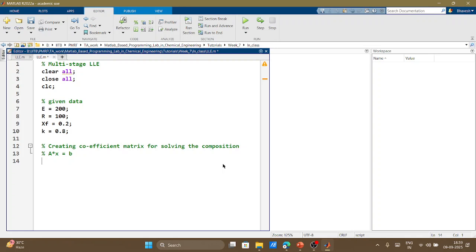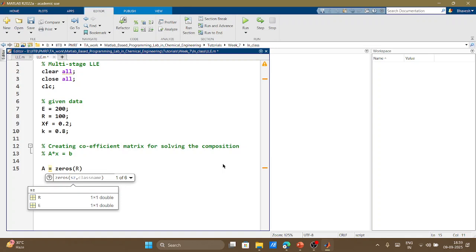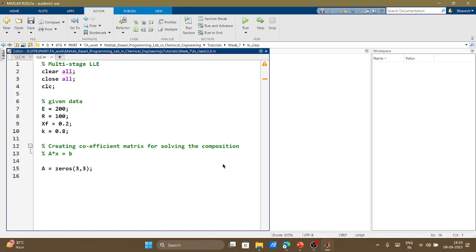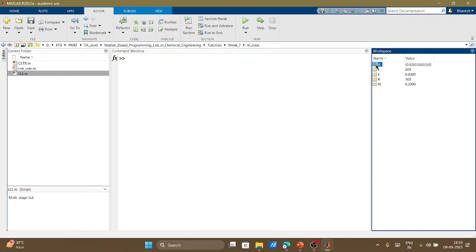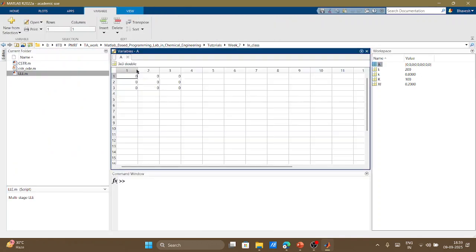So Ax equal to B. Now here my X that I have to find, right? My A matrix is, since I have 3 equations, 3 unknowns, it will be a 3 by 3 matrix, right? So I will be creating a zero matrix of 3 by 3. So A has been created with size 3 by 3.